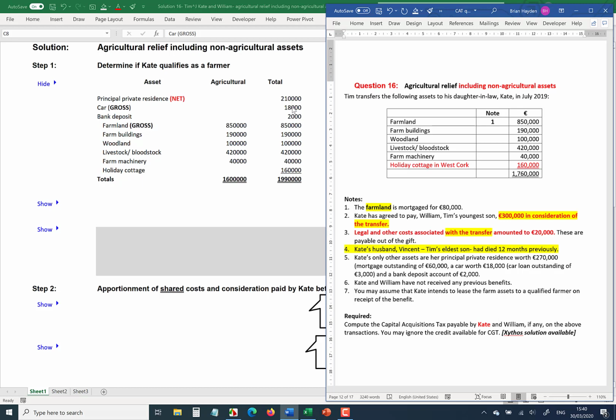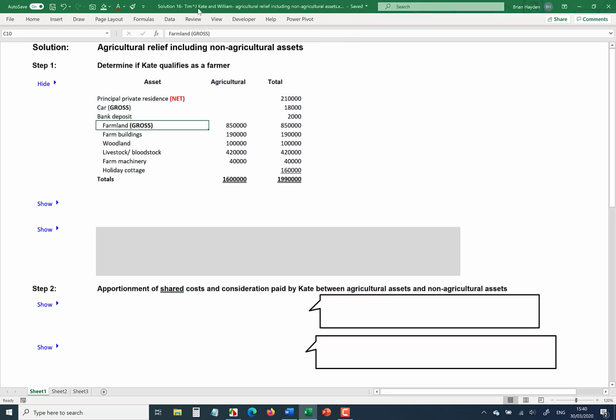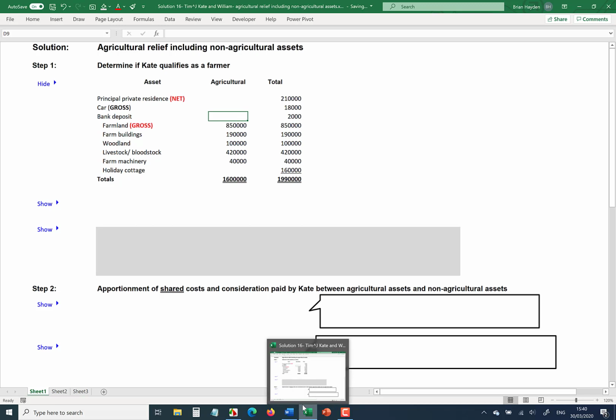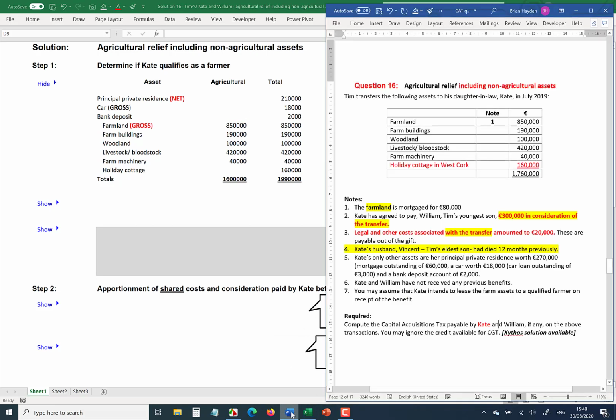Okay, so again, that's a point worth noting. And in terms of the agricultural assets, they're all shown gross, so we don't deduct any liabilities that attach to any of the assets at this point in time. Okay, so again, remember that the outcome or the effect of all of these deductions or non-deductions is beneficial to Kate. We're trying to ensure that her agricultural assets get to 80%.